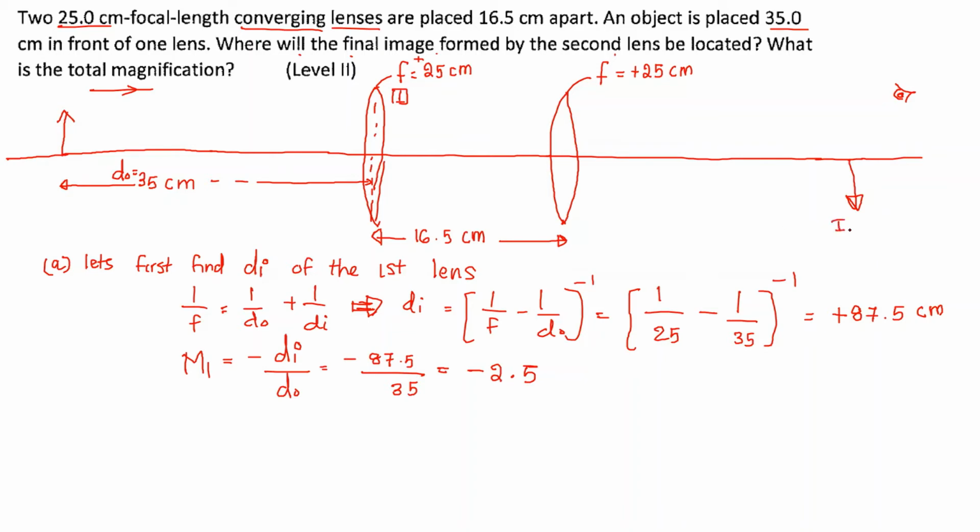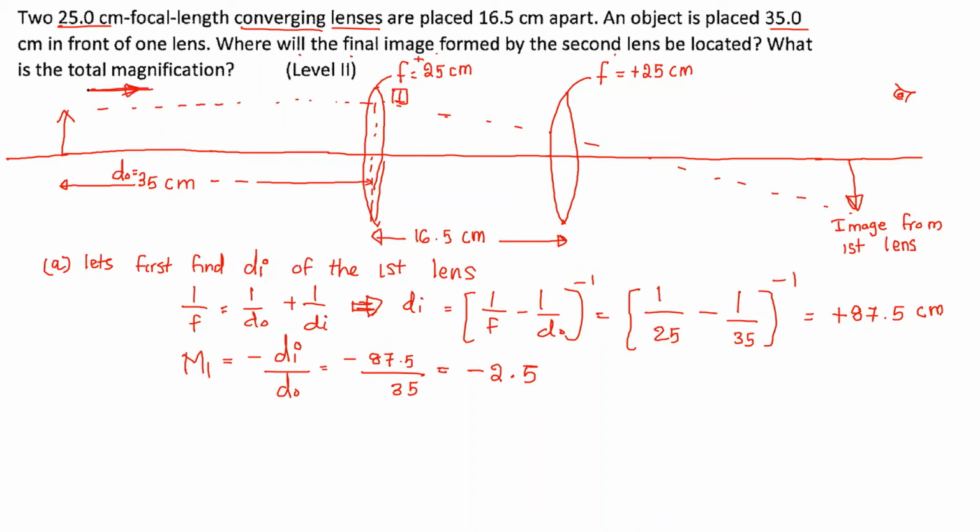So this is the image from the first lens. What is really happening is light is coming and it goes this way to make an image here. Light is still coming from this side, right?